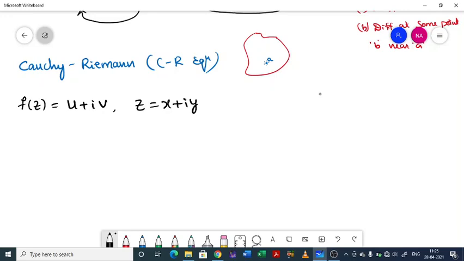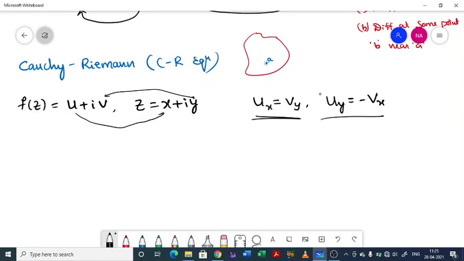In this case, the Cauchy-Riemann equations are ux equal to vy and uy equal to minus vx. See, we have made a pair of real part and imaginary part. If ux equal to vy and uy equal to minus vx holds, then we say the function satisfies the CR equations.